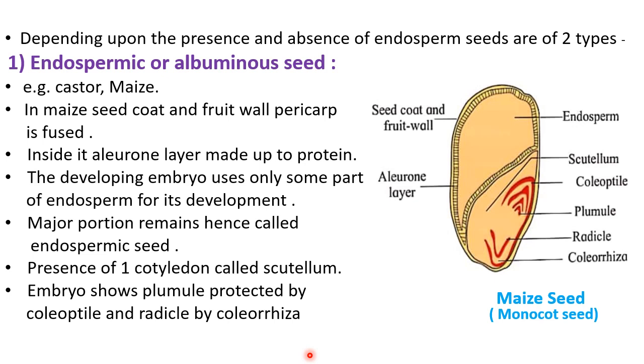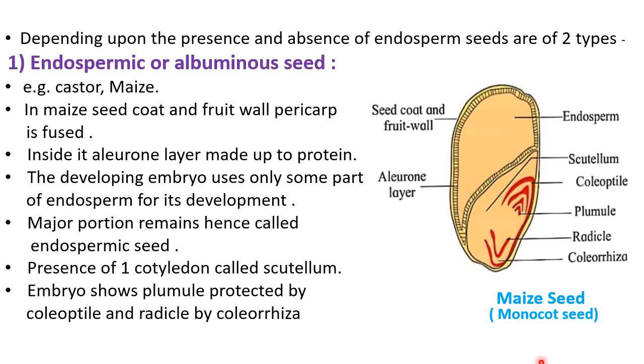First, we will study endospermic seed, that is albuminous seed. Example, castor and maize. The given diagram shows a vertical section of maize grain.